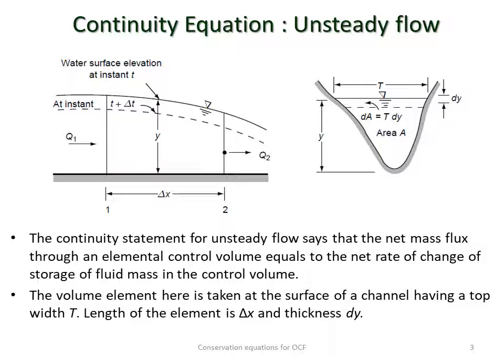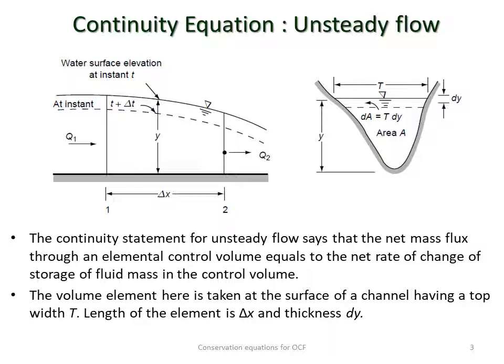Now the continuity statement for unsteady flows, as we have discussed many times before in our lectures, says that the net mass flux through an elemental control volume equals the net rate of change of storage of fluid mass in that control volume. So this is the statement of continuity for a transient or unsteady flow in open channel.